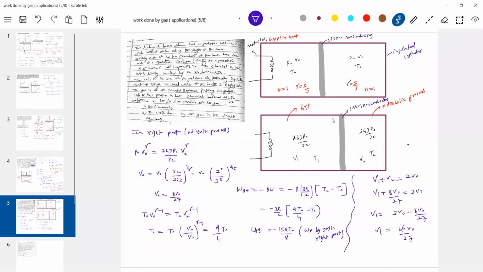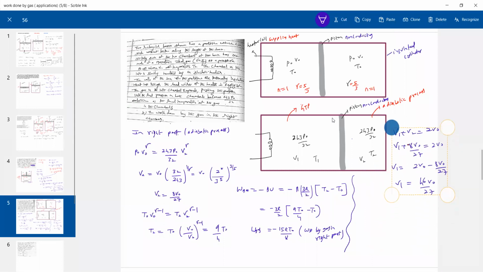I want temperature T1. Sir, the number of moles will remain the same in the left part. The total amount of gas has to remain constant. So let me adjust everything here only.